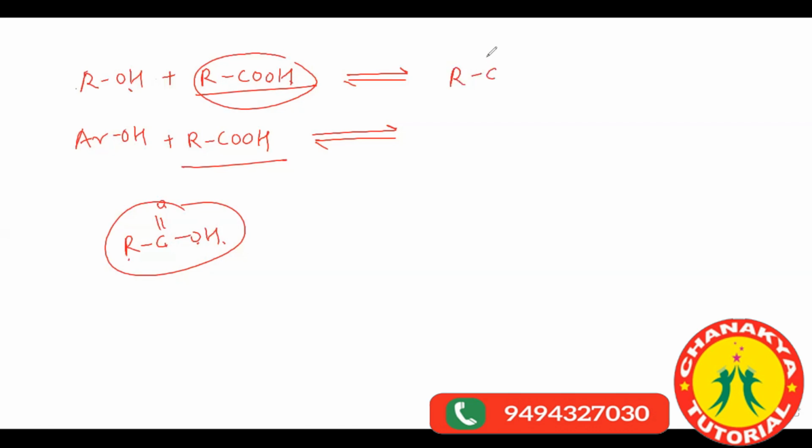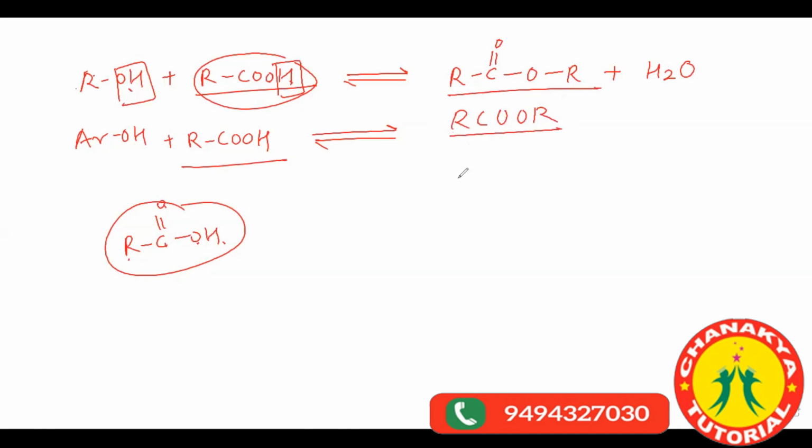R, C double bond O, O: this hydrogen would be removed, this OH would be removed, and this O will be attached to this R group. So you will get RCOOR plus H2O. Clear? This can be written in this way as well, RCOOR. This is also ester. In both ways you can write it.